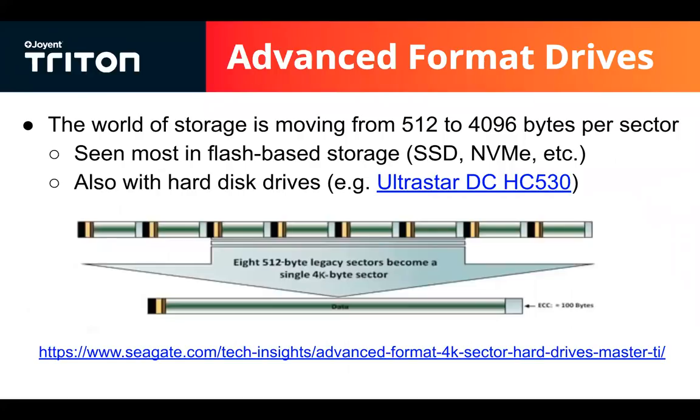This comes about because the way that disk drives are working is changing. And when I say disk drives, I mean that in a generic term, so this covers flash-based storage like NVMe and SSDs, as well as traditional hard disk drives. In the old days, all disks were 512 byte sectors.